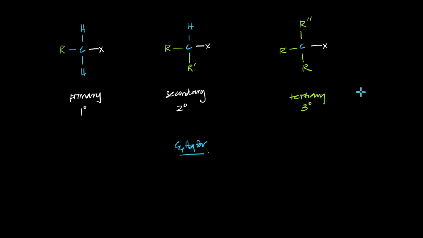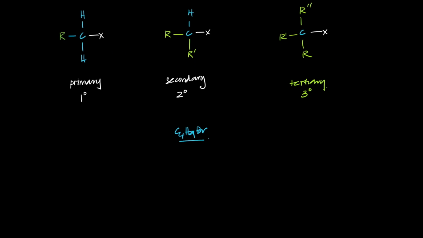Now I can show you that if I take C4H9Br, I can show you isomers of that are either of the three. You can have, for example, CH3, CH2, CH2, this large alkyl group on a carbon that has CH2 and Br.